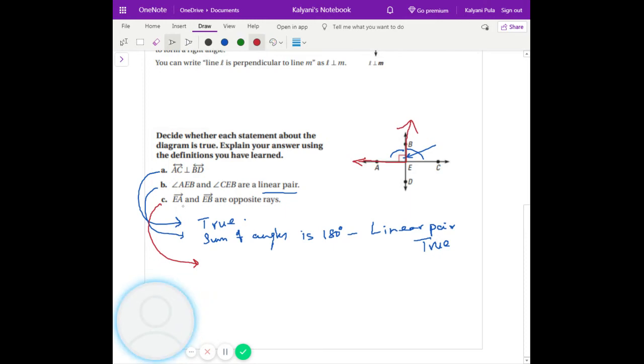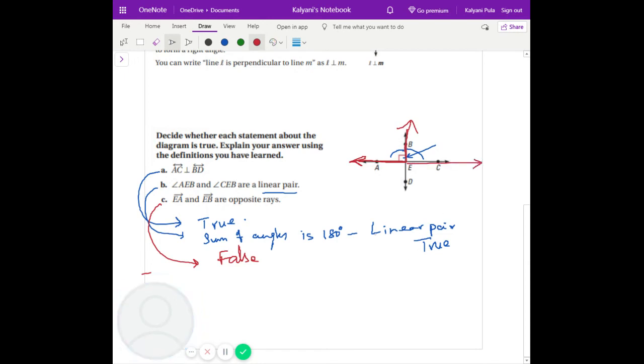Aren't they the same ray, though? Look at this one here. EA goes like this. They both intersect at E. Are they opposite? They're not opposite, so it's false. Opposite would be EA and EC. That's right, EA and EC are opposite.